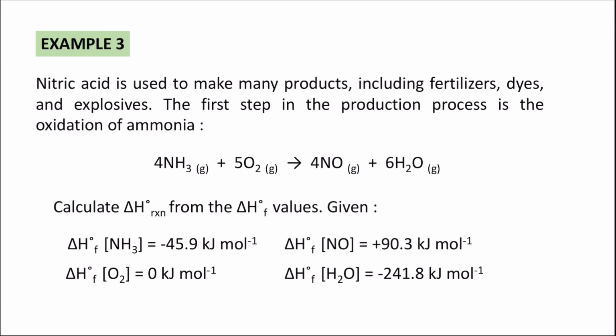So, mari kita cuba one example. So, this is the example di mana saya ada reaction antara ammonia dengan oksigen menghasilkan NO and H2O. So, dia minta saya calculate delta H0 reaction daripada standard enthalpy of formation untuk semua spesies ni.